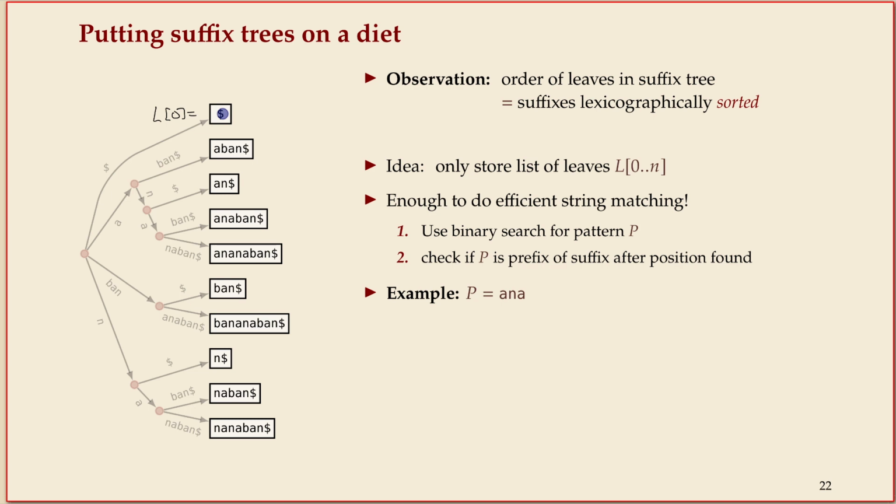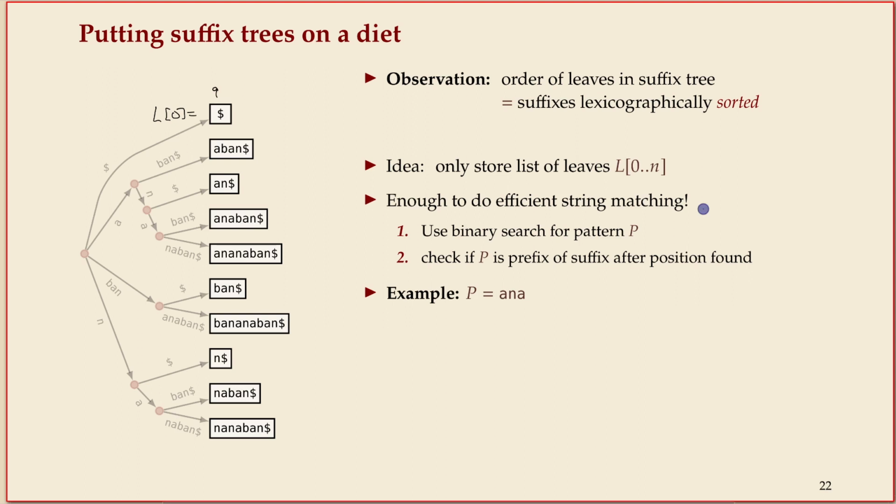So in banana, the indices would be 0, 1, 2, 3, 4, 5, 6, 7, 8, 9. Hope that's correct. L of 0 would be 9 because the first leaf in lexicographic order is the leaf that has starting index 9, and so on. So you can represent this lexicographic ordering as just an array of numbers.